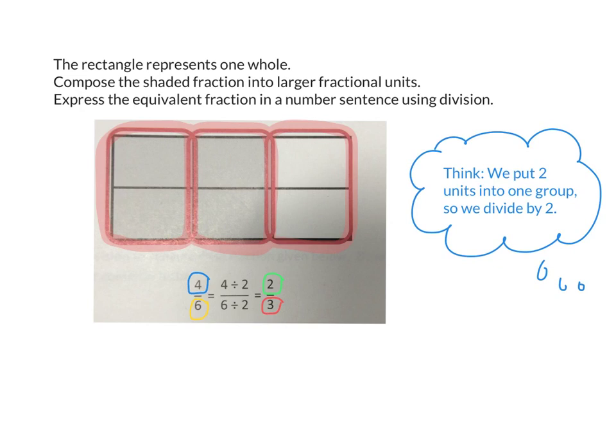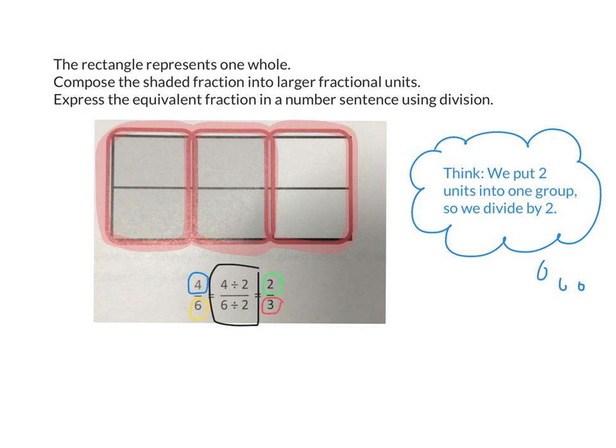Avani, earlier you asked, there are 3 groups, so why are we dividing by 2? Avani, can you please explain to me how we do 4 divided by 2 in the numerator and 6 divided by 2 in the denominator? Why are we dividing by 2 if there are 3 groups?